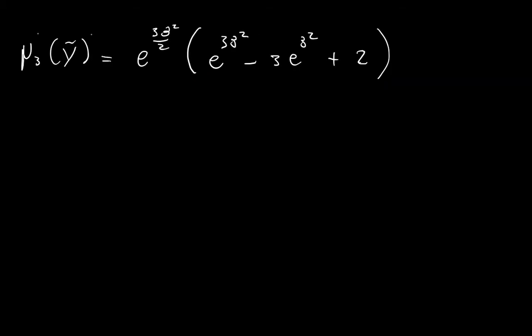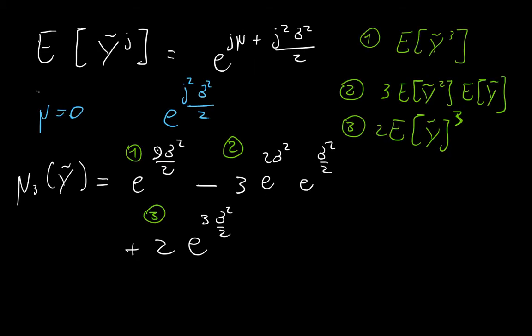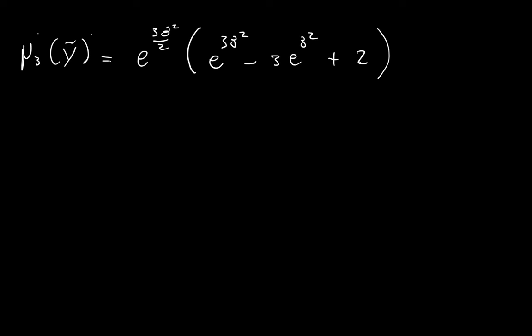Then we collect the common term in all the terms, which is e to the power 3.5 multiplied by sigma square, and then we have this polynomial in the circle brackets.